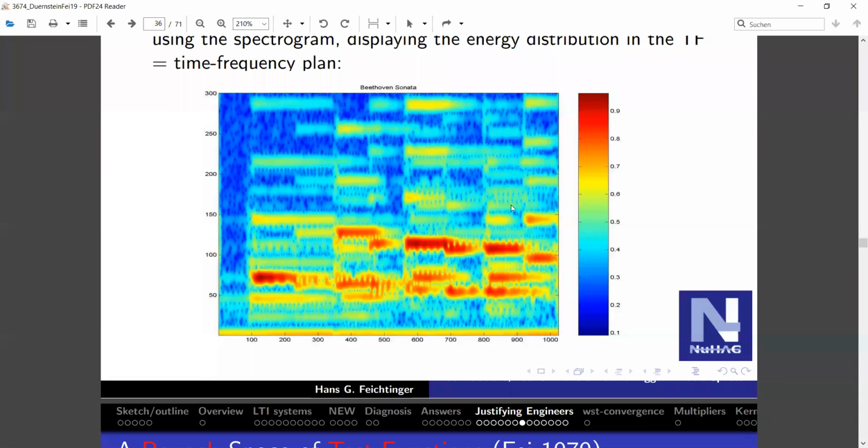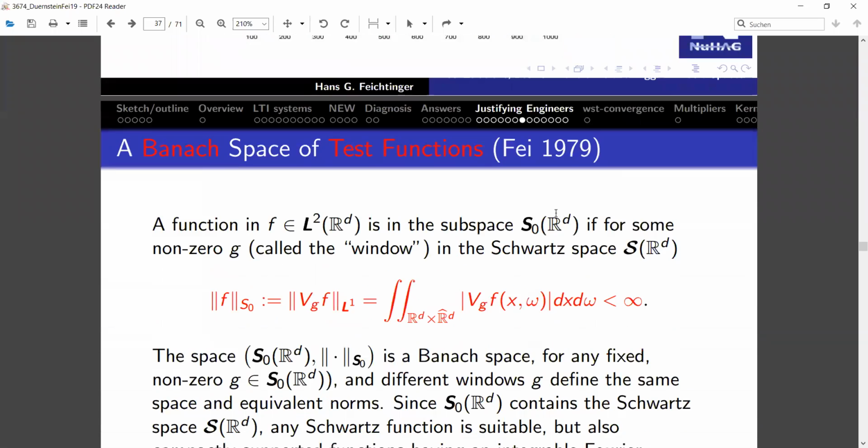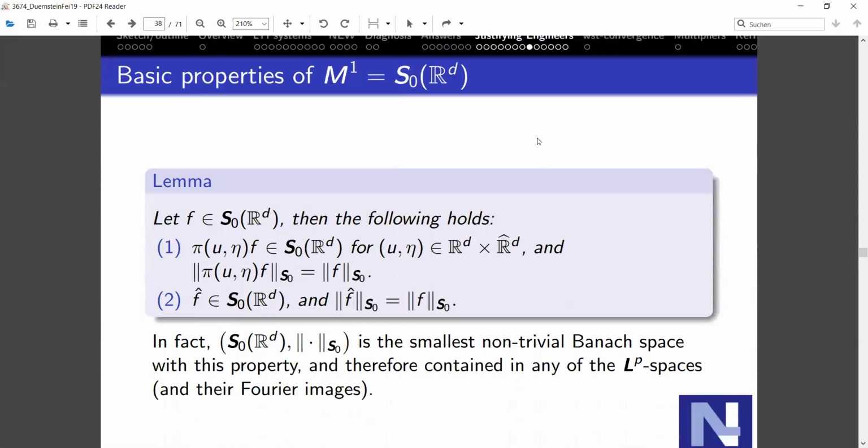The standard picture is my Beethoven image, very long, a display for a melody like da da da da da on the piano, and we had already our characterization. So for us, it was a characterization derived from the continuous equivalent norm, that you can characterize it by the integrability of the short-time Fourier transform.